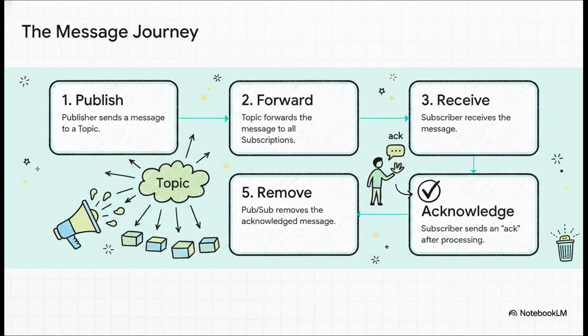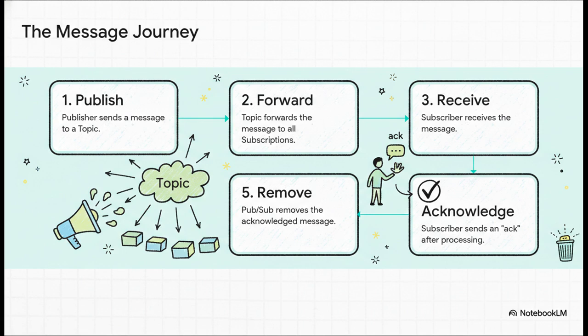Let's actually walk through the life of a single message step by step. First, our publisher sends a message to the topic. Done. Step 2, PubSub instantly makes a copy of that message and sends it to every single subscription attached to that topic. Then, a subscriber receives the message and gets to work. Maybe it updates a database or sends out an email. Now, this next part is absolutely crucial.